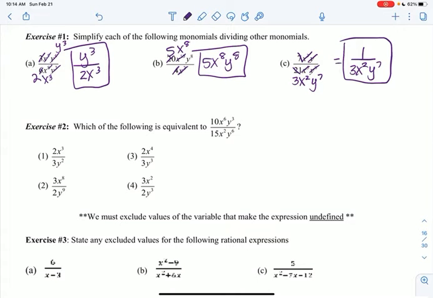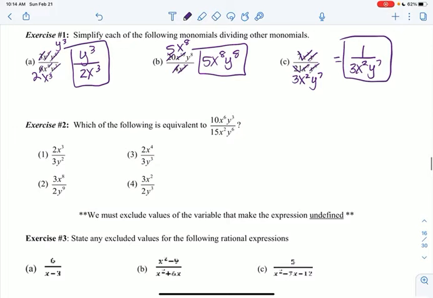Here's a multiple choice monomial. All right, so 10 and 15 are both divisible by 5, so it gives me 2 on top, and that gives me 3 on the bottom. The 2 x's on the bottom cancel with 2 of the x's on top, but I'm left with x to the 4th. And the 3 y's on top cancel with 3 of the y's on the bottom, but I'm still left with 3 to the y.